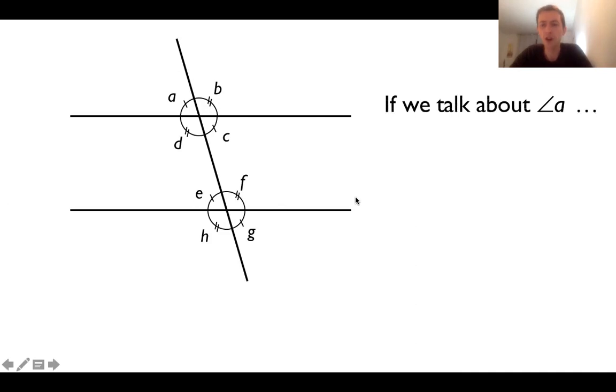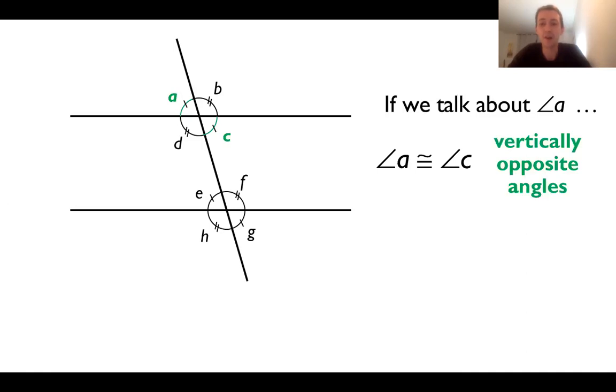So let's actually talk about angle A for a moment. I just told you it's the same as angle C. And why is that? What's the specific math term that I gave you in this video that you would say to tell me that they're the same? Well, if you've been listening, you're going to know that A and C are vertically opposite angles.